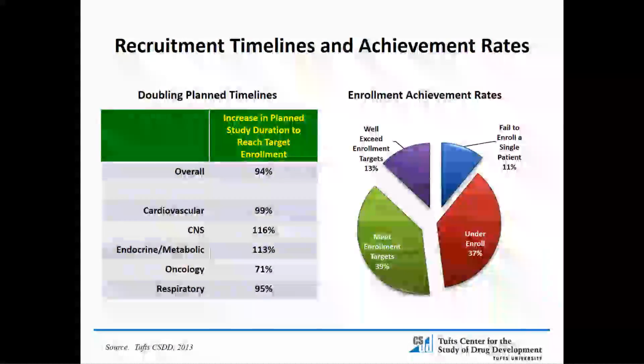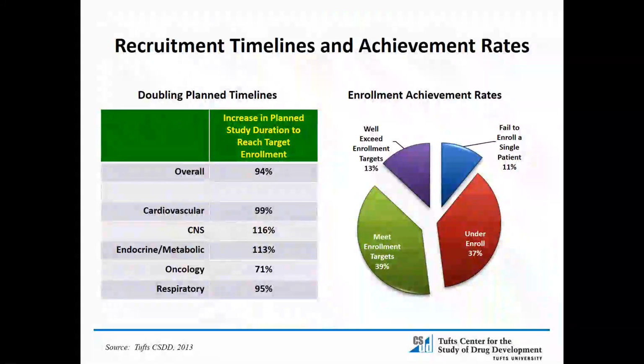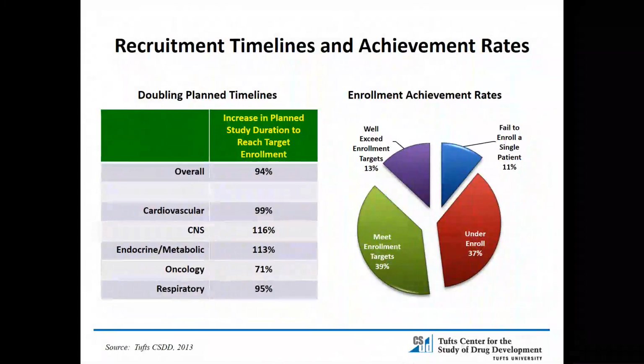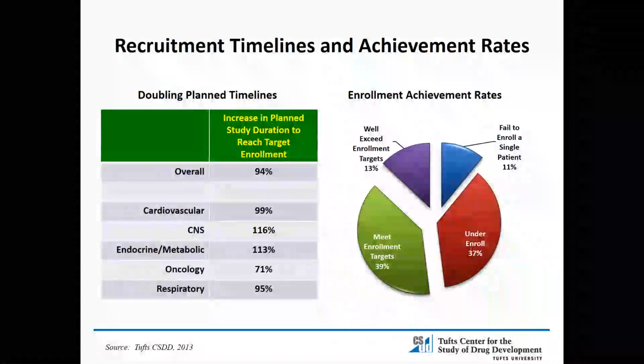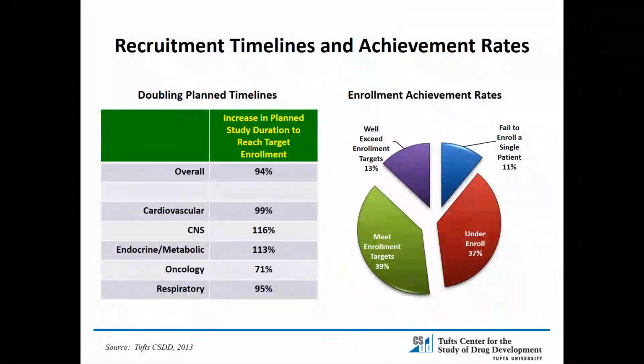Our recruitment timelines overall are much longer than they used to be relative to plan. And this, in many ways, is explained in part by the chart I showed earlier. On the left-hand side, we see a reported increase in duration over planned enrollment timelines.